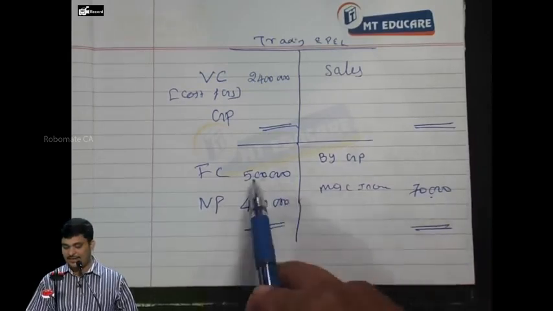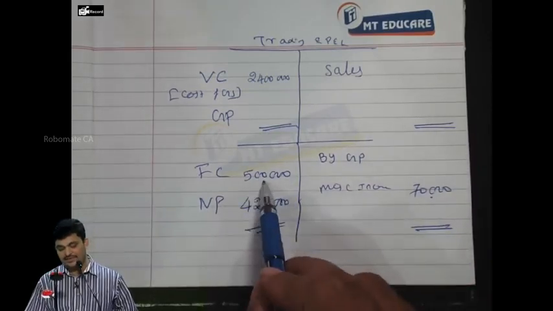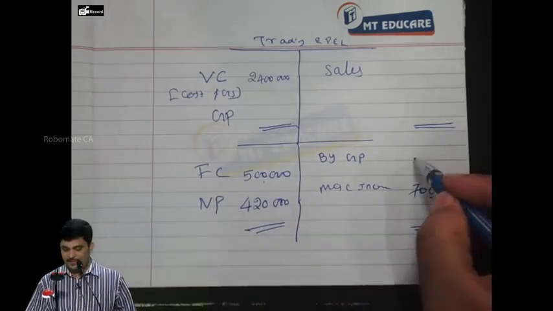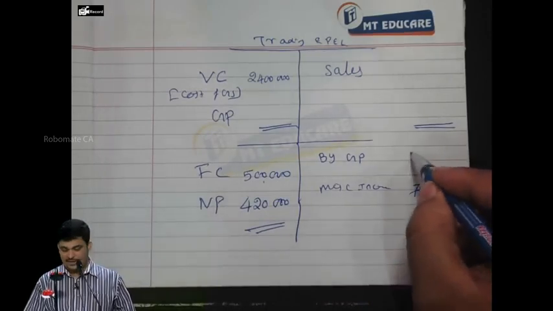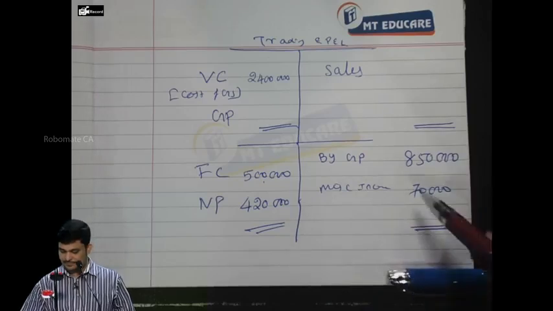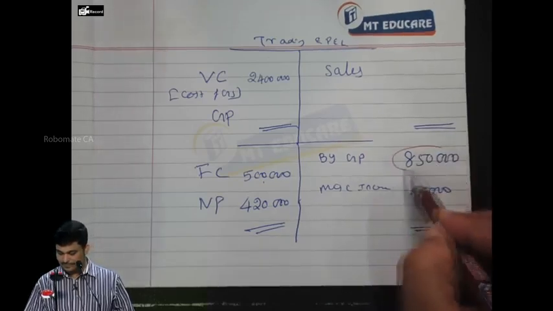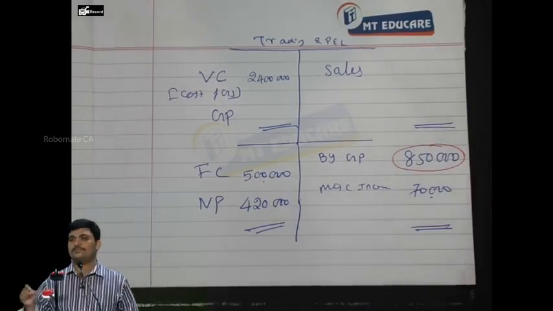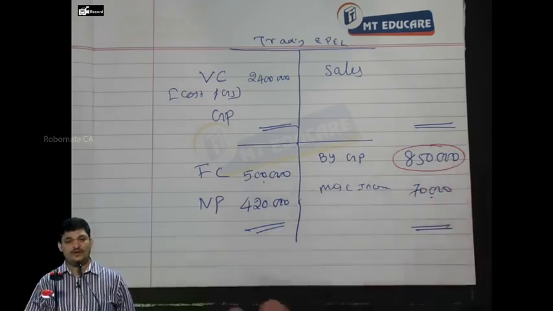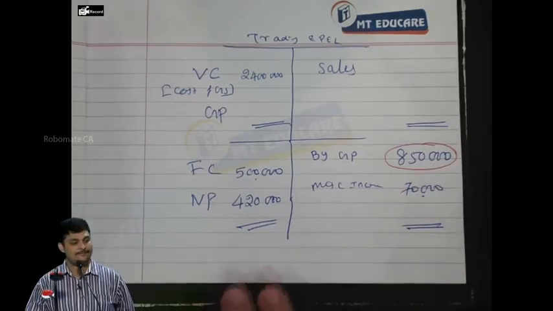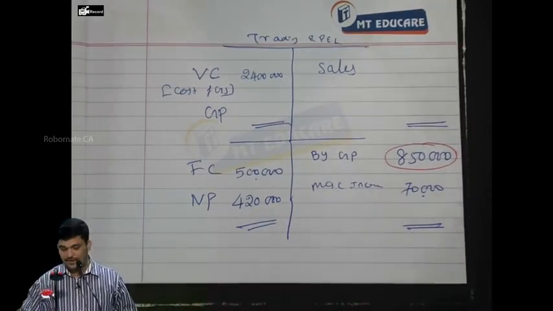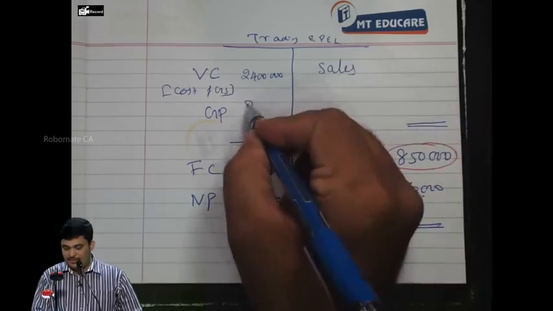Gross profit plus income minus these two, minus fixed cost, I will get net profit. Now what is gross profit? 8,50,000. Everybody? So gross profit is actually 8,50,000. Understood? Okay.